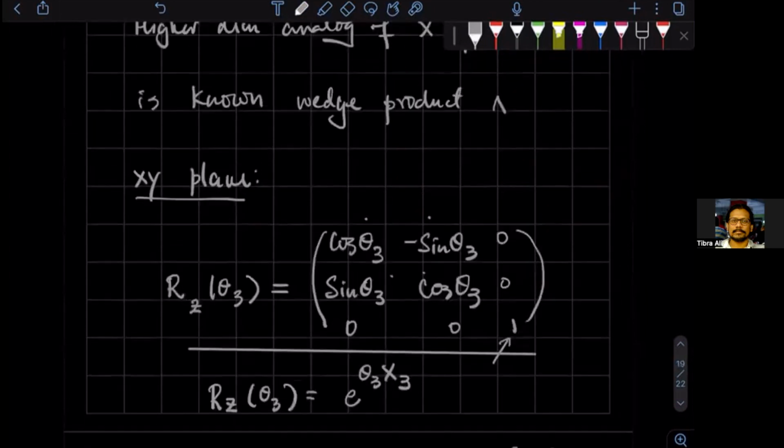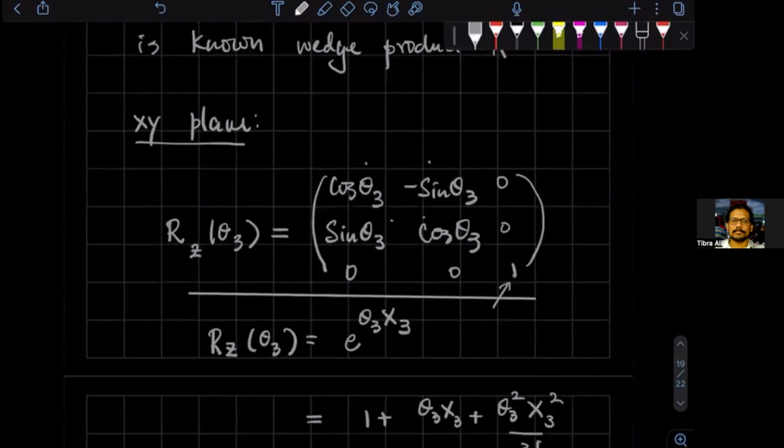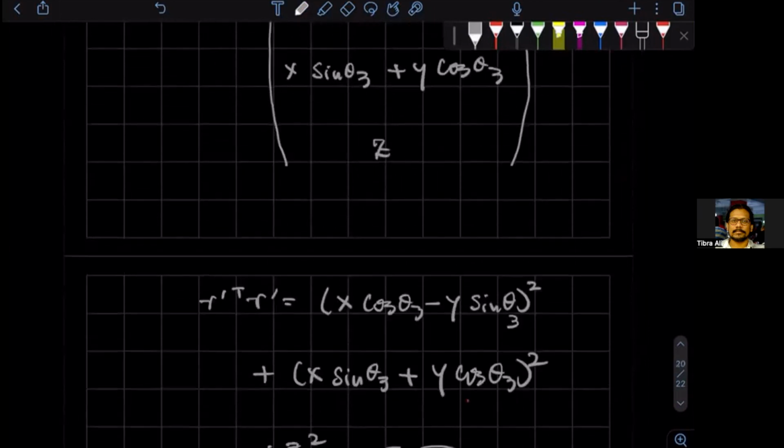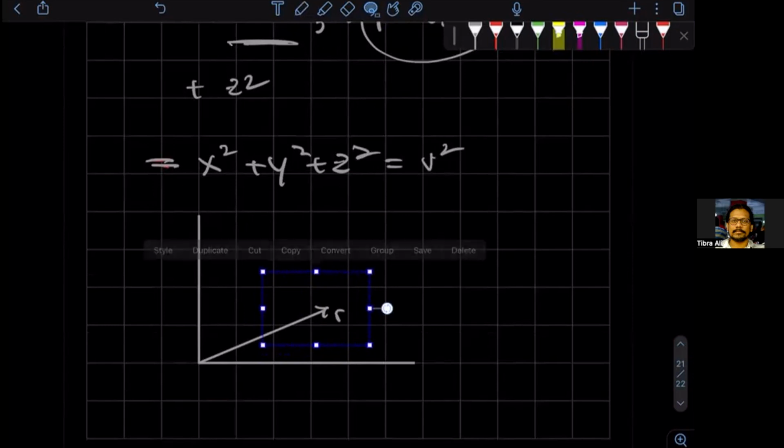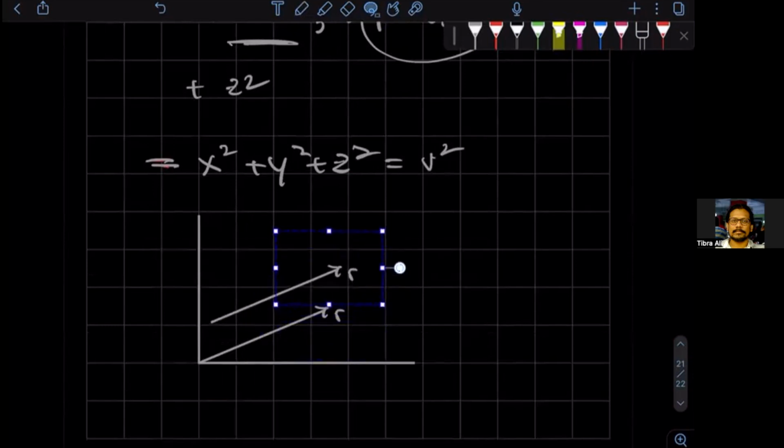So we have verified that this does actually preserve the length, and you can even do geometry now, right? You start with a position vector r and rotate it by some angle theta, and this new vector is r prime.